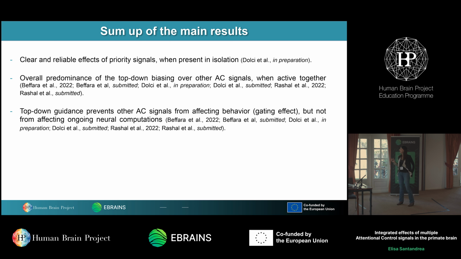However, this prevalence of the top-down attentional control was very different in terms of behavior and in terms of brain activation. So it exerted a sort of gating effect on the influence of other signals in terms of behavior, but the other signals were still contributing to the brain processing of all the information present in the task.